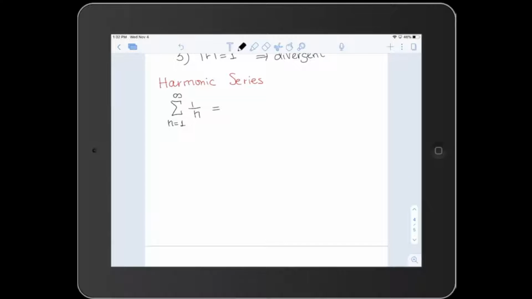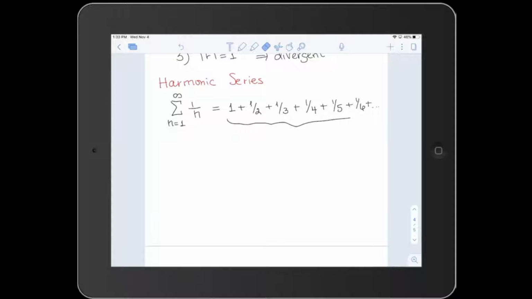So this is 1 plus 1/2 plus 1/3 plus 1 over 4 and so forth. This harmonic series looks so innocent. We're adding up all of these fractions, and the fractions get smaller and smaller because the value in the denominator gets bigger and bigger, but this is divergent.